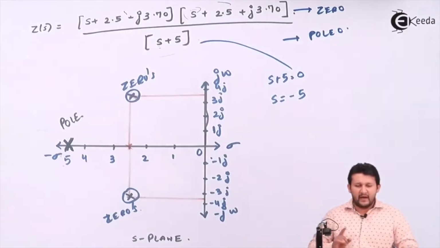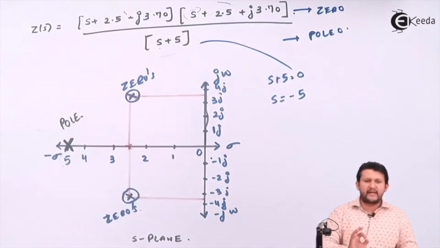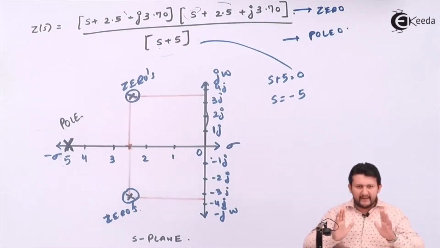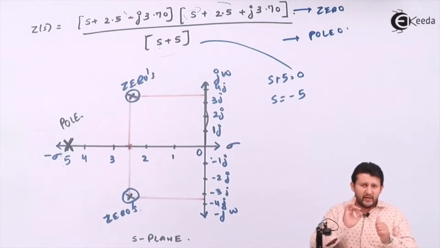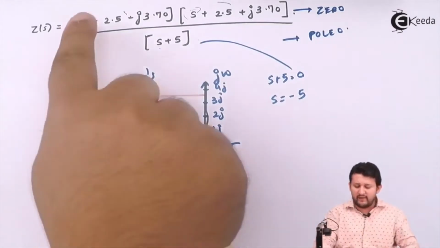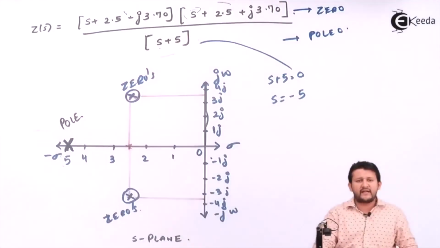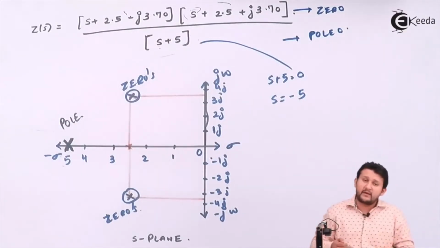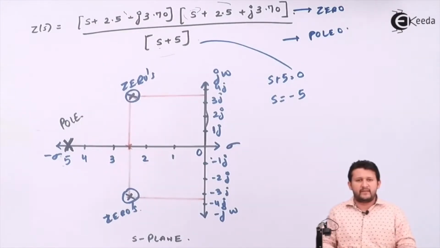Your question said, after getting the impedance function Z of S, find the value for poles and zeros. So keep in mind, the first step is to reduce the network to Z of S. For reducing Z of S, two things: series and parallel combination. So after reducing it, you got the value for Z of S. After getting this value Z of S, you need to find the value for S, for both the numerator as well as the denominator.